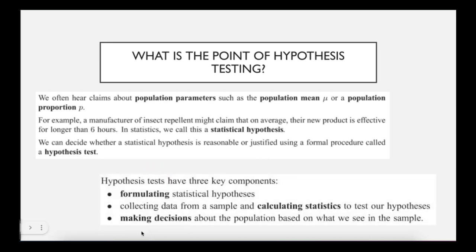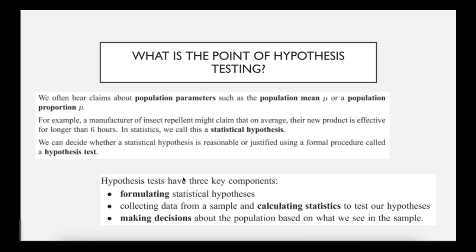In hypothesis testings, we have three key components. We're going to be formulating a hypothesis. We're going to collect data from a sample. So in your IB questions, this data will be given in the question. For your IAs, you're going to be collecting the data yourself. And then from there, we're going to do some mathematical calculations and we're going to make a decision based on all of this.